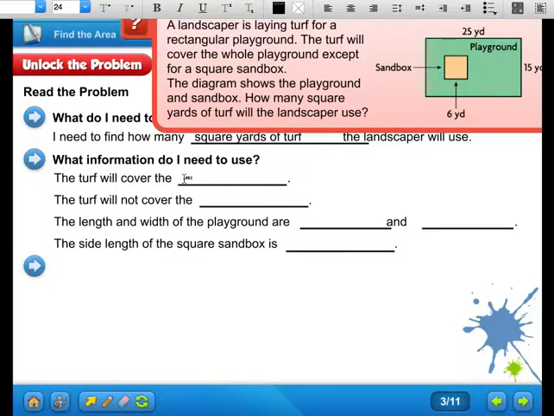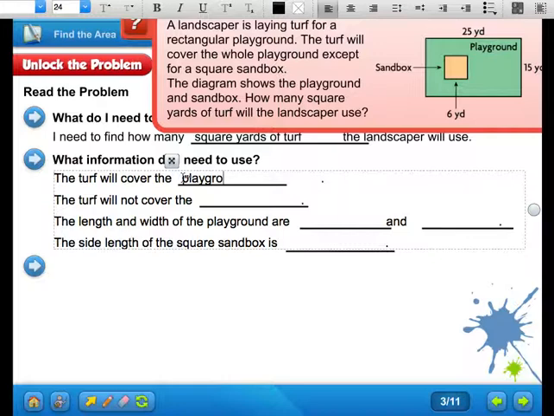The next question. What information do I need to use? So, what will the turf cover? The turf will cover the playground.